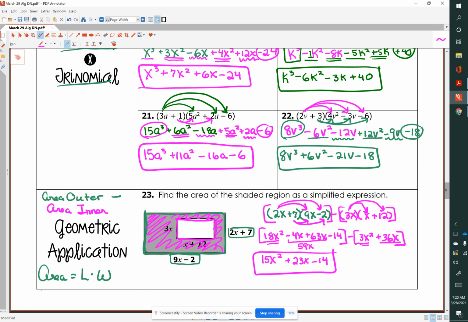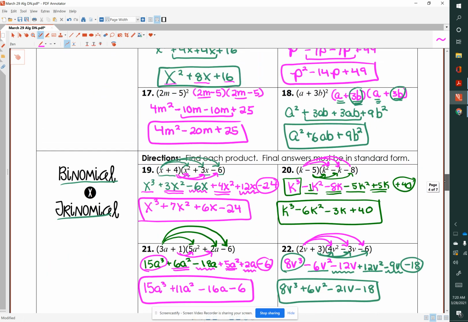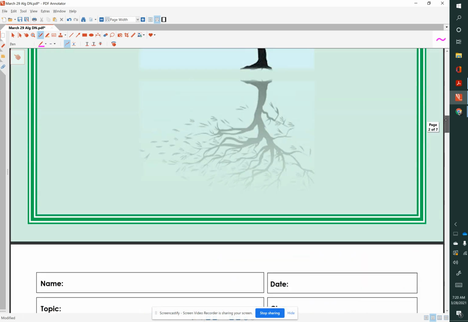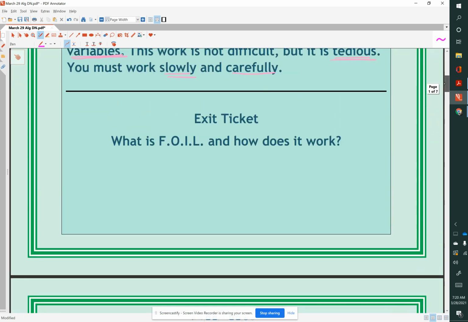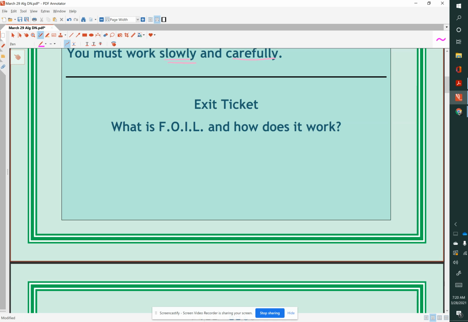So good job today. Let's go back to our exit ticket. What is FOIL and how does it work? FOIL is a way to multiply binomials. And how does it work?